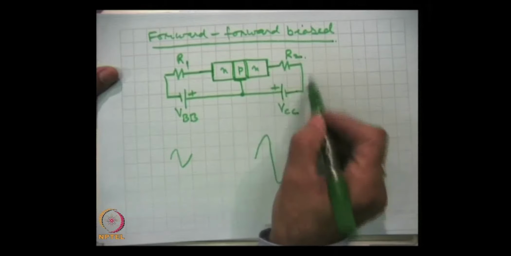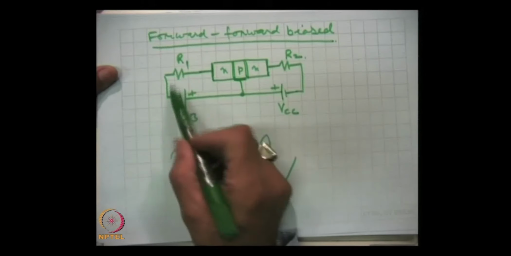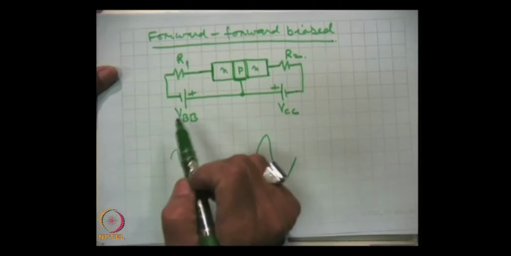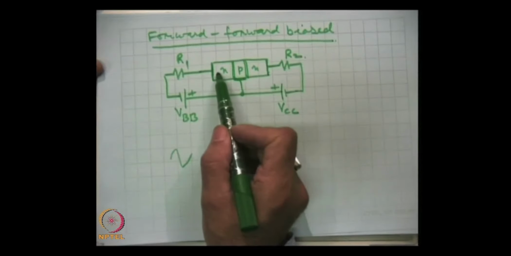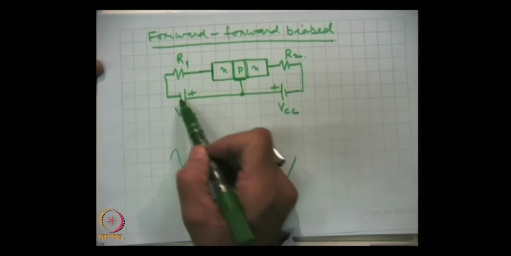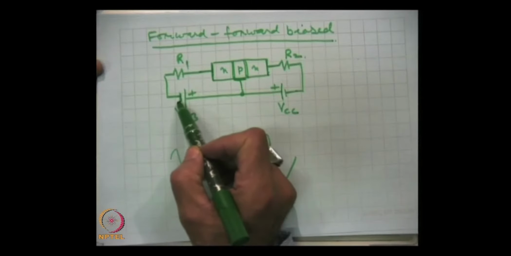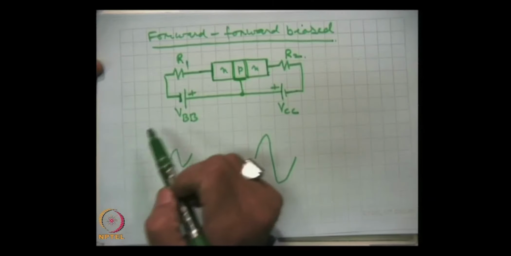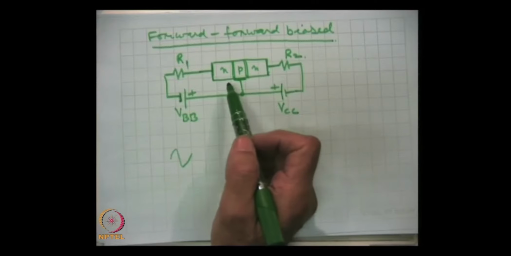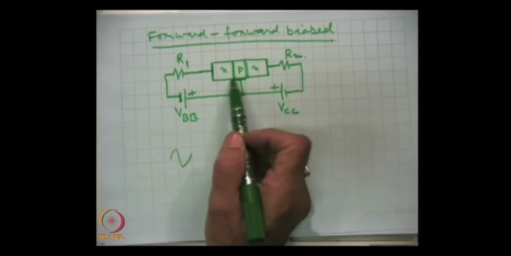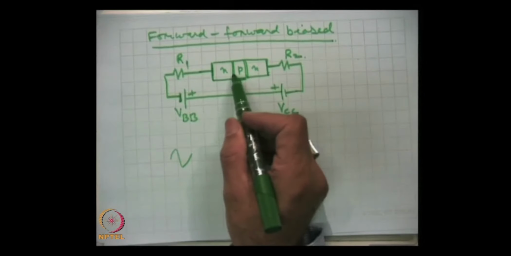In this case of forward bias, for the time being we forget about this collector circuit, and we talk about the emitter. The emitter junction is forward biased. This N type semiconductor is connected to the negative of the battery. What will happen? This will reduce the barrier height we have discussed.